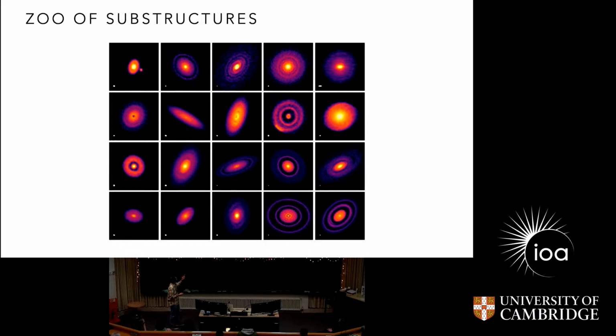For example, you see disks with gaps, with rings, and you also see spirals or non-axisymmetric features. So you see a lot of different features in these disks, and we want to understand how these features are connected to the possible presence of planets in this system, because I remind you that these are the environments where planets form, so we expect planets to be there.